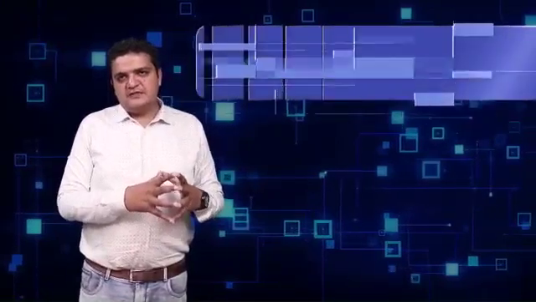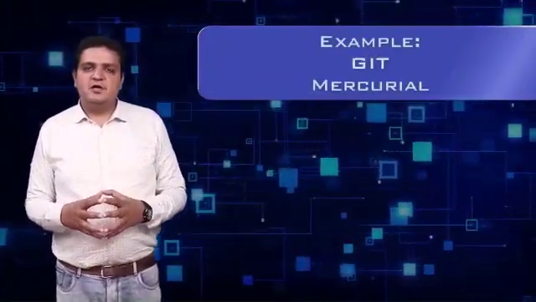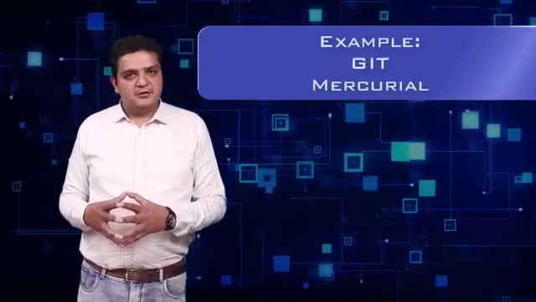In this way, distributed version control makes your code management very easy and efficient. Two big examples of distributed version control are Git and Mercurial. In this course, we will majorly be talking about Git and its advantages.